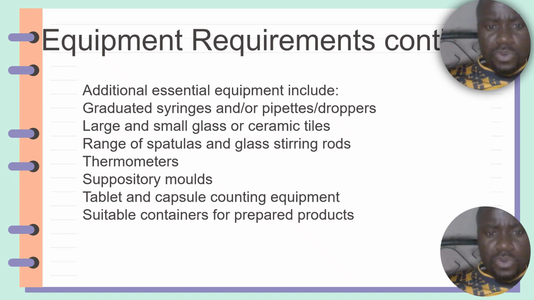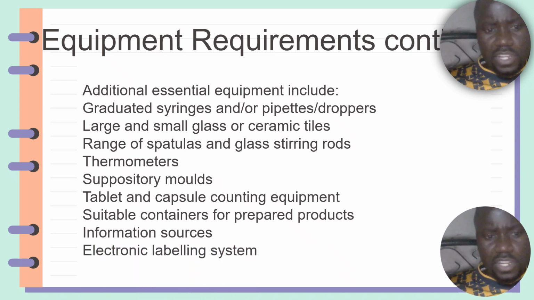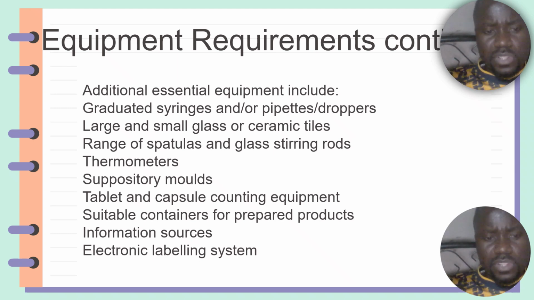Then you need suitable containers for the products' containment. And then you also need a pharmacopoeia for information sourcing and formulae. And then you need labeling equipment. The labeling equipment may not necessarily be electronic. It can be just stickers, self-sticking labeling equipment.